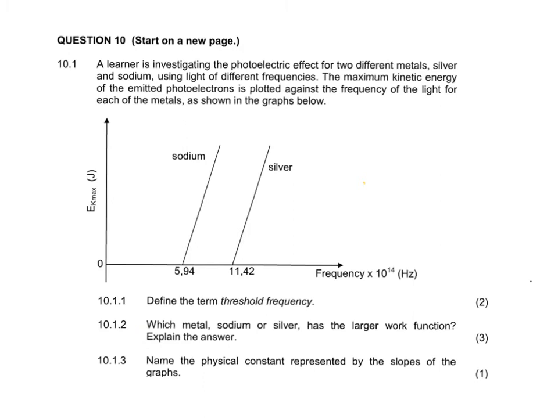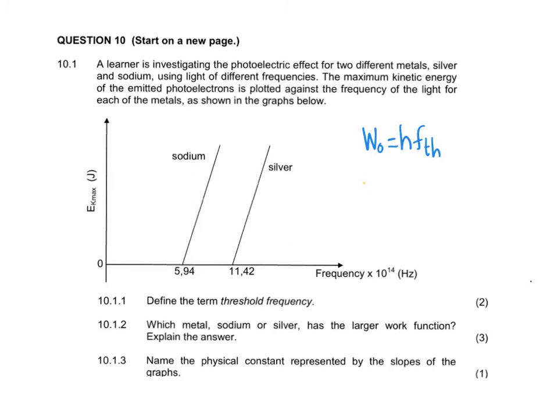10.1.2, which metal, sodium or silver, has the larger work function? Now, keep in mind that the work function is the minimum energy required for photons of electromagnetic radiation to emit electrons. So here we have the threshold frequencies for sodium and for silver, and the work function of a metal is equal to Planck's constant times the threshold frequency, and we can see that this is a direct relationship.